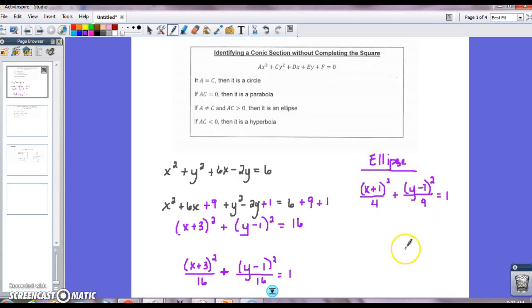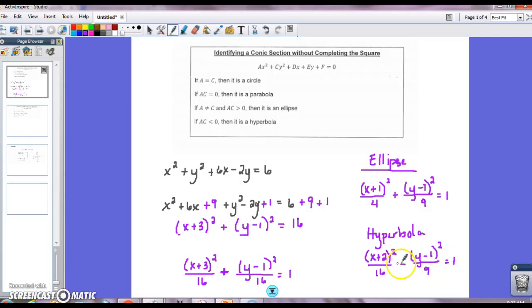They're both positive. And what makes something a hyperbola was when one of them had a minus sign. So you could have x plus 2 squared over 16 minus y minus 1 squared over 9 equals 1.